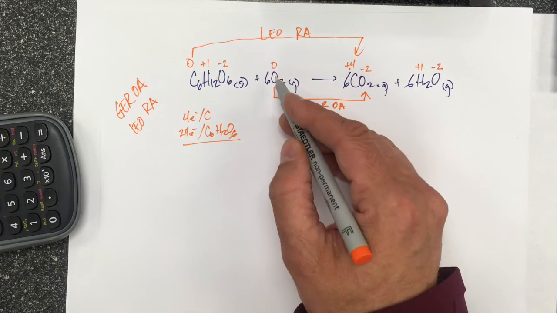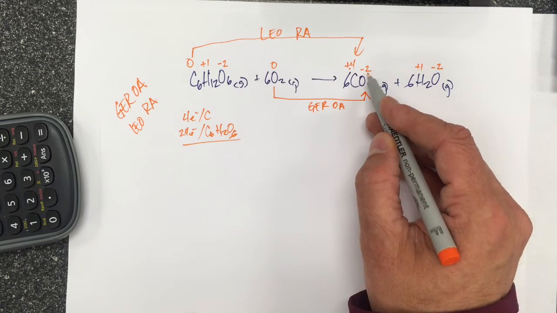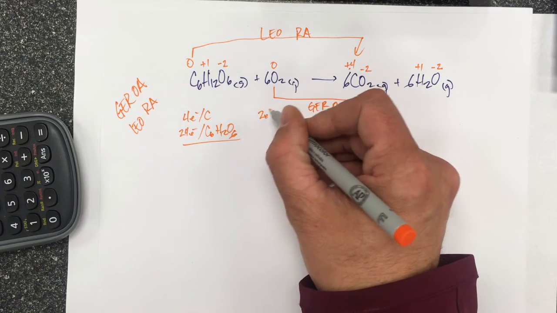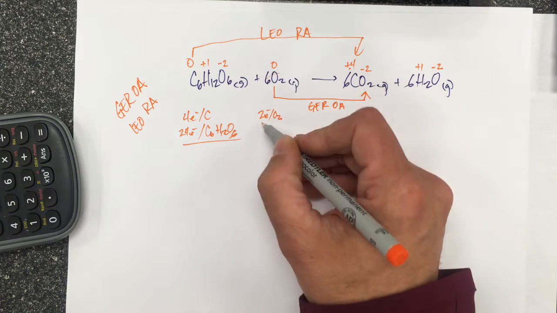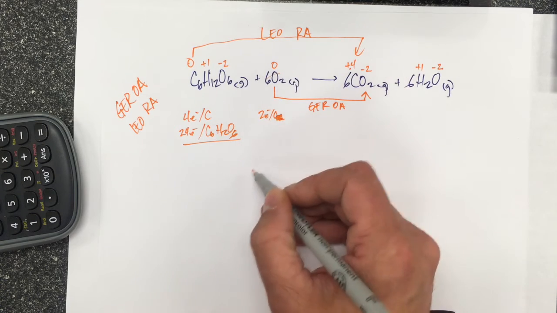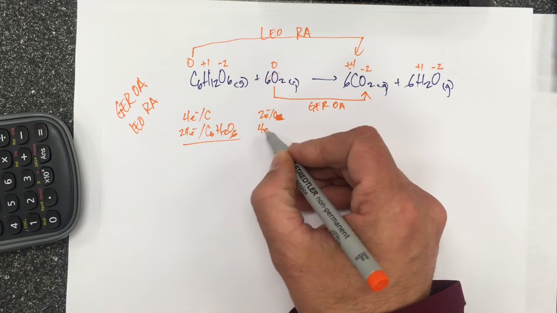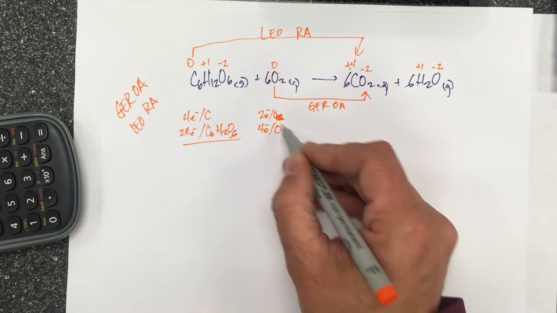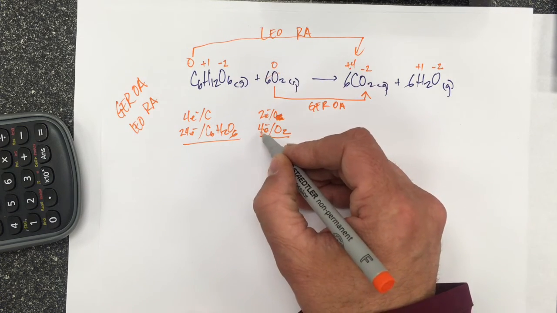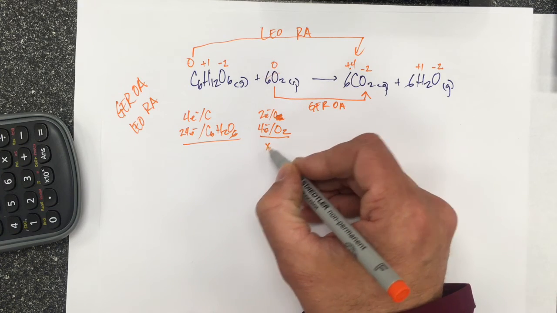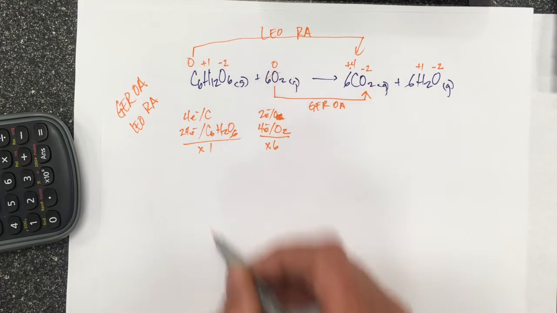And then I've got 0 to -2, which is 2 electrons per oxygen. I have 2 oxygens in a molecule, so it's 4 electrons per molecule of oxygen. But then I have 6 oxygens, so 6 times 4 is 24, and this is times 1.